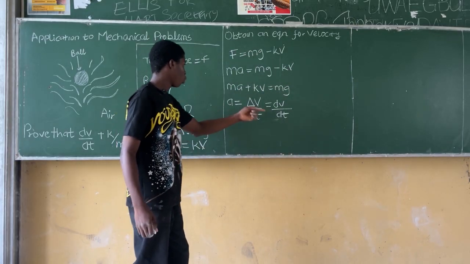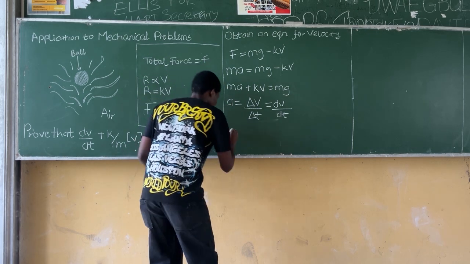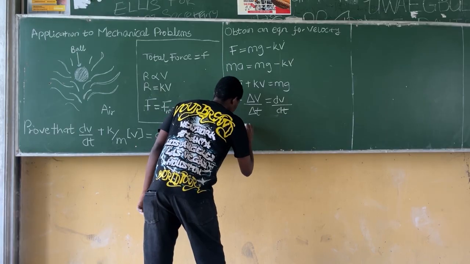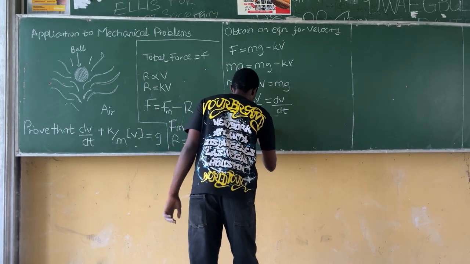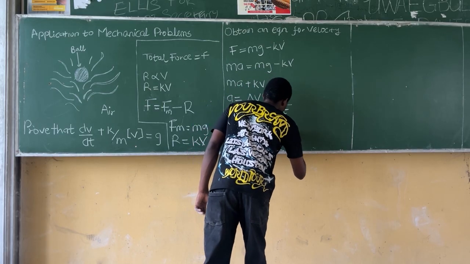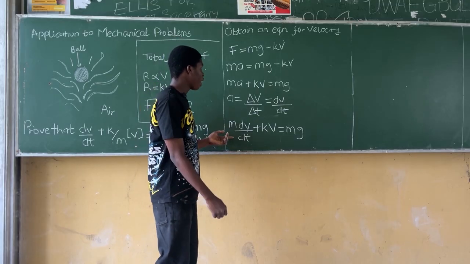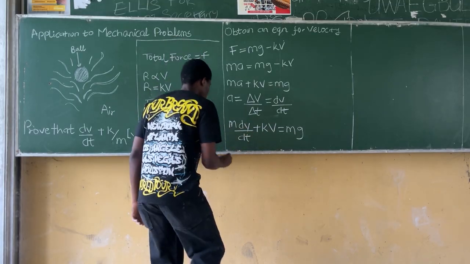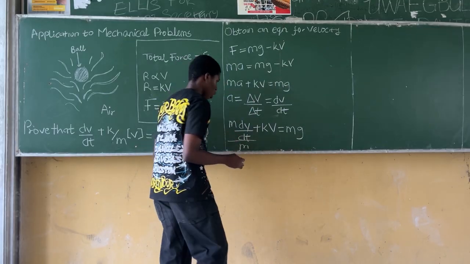We are now going to plug this acceleration directly into this equation. So this is m dv over dt plus kv equal to mg. Now we divide through this whole equation by m, because we want dv over dt to stand alone.